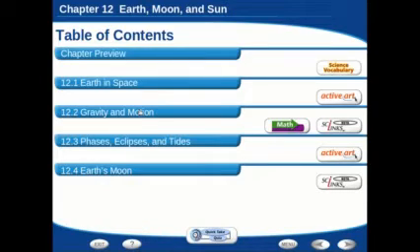So we'll answer a couple of key questions. We're going to figure out what determines the strength of gravity between two objects. So what determines how strong the amount of gravity between two objects is going to be? And what two factors combine to keep the Earth and Moon in orbit?